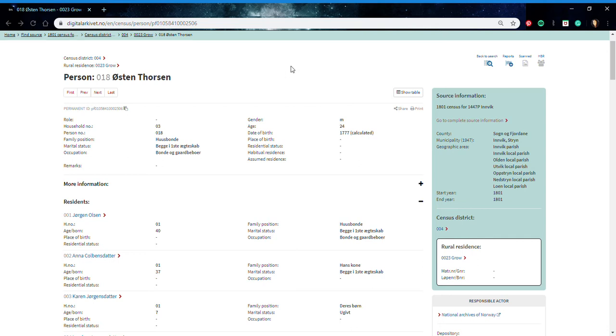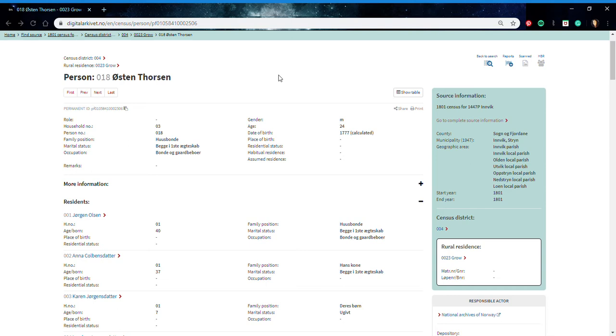I did find her birth or her christening pretty easily. So her mother was Kari Andersdotter, which is something my relative had seen in a tree but with no sources. But we have a source there, we have her christening.